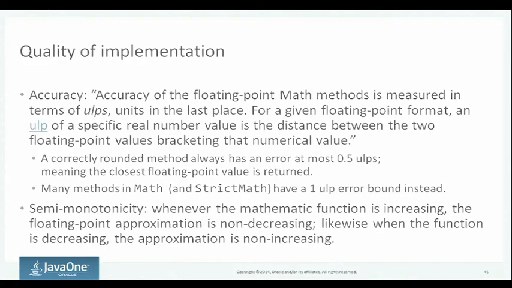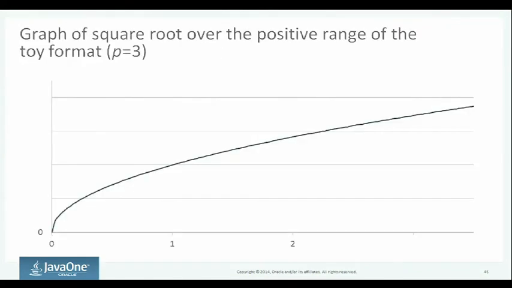So an important property is that when the function's increasing, we want the floating point approximation to be non-decreasing. We don't want it to go down when the function's going up. So it can either stay the same or go up. We might not always be able to have the floating point approximation go up because we might not have a number we can use there while still meeting the accuracy requirements.